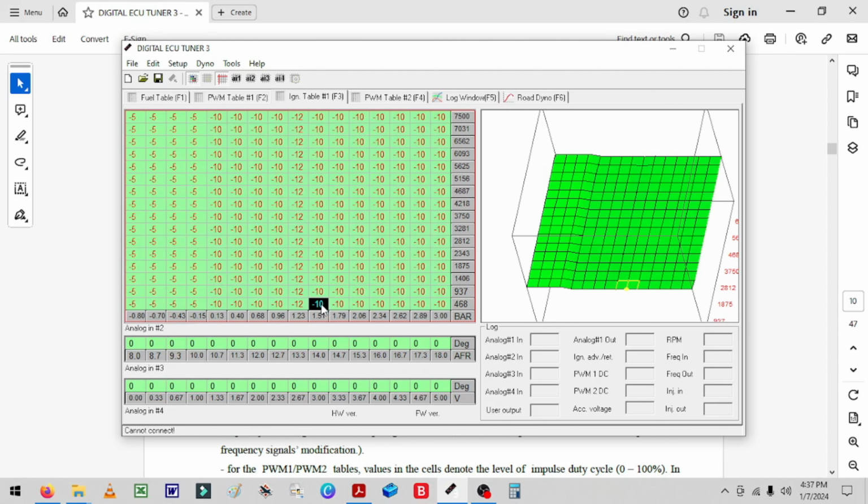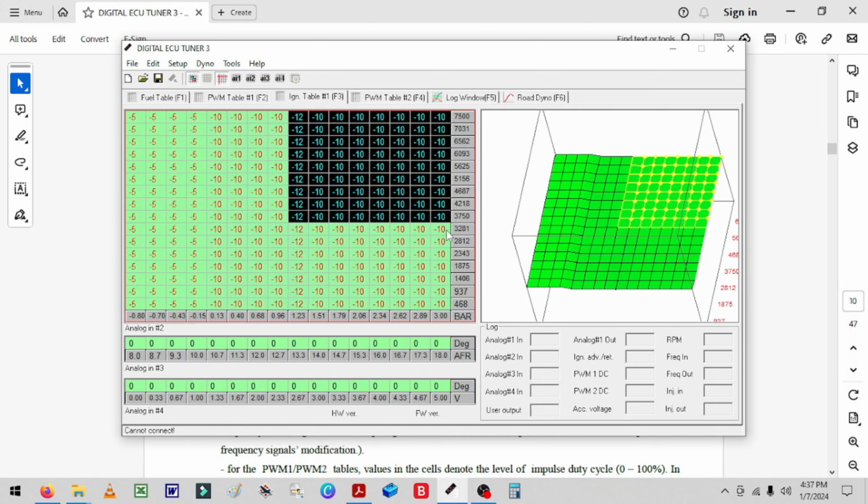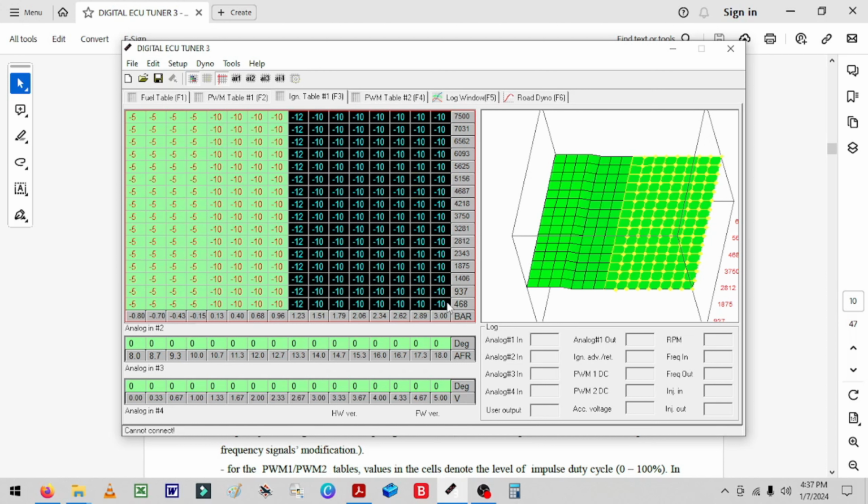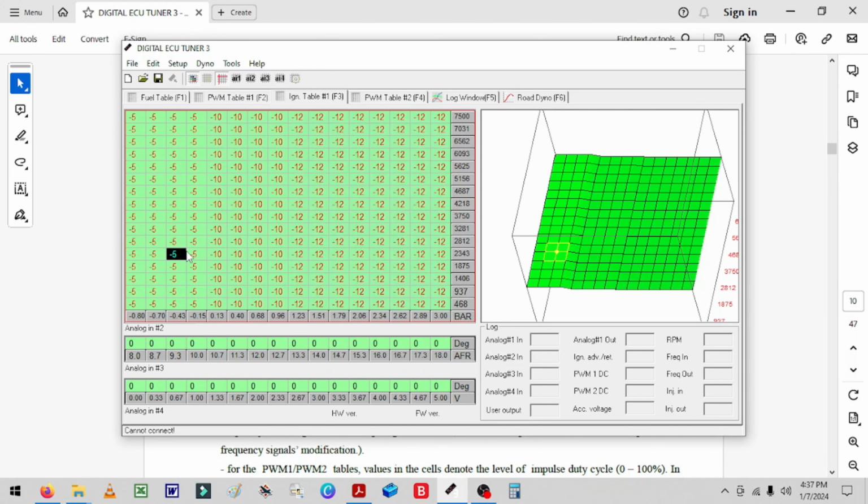So right here, and let's just do it all. Let's just select all. Enter minus 2. So here, I've advanced my timing. As soon as I got into positive pressure right here at 0.13, I took it out.